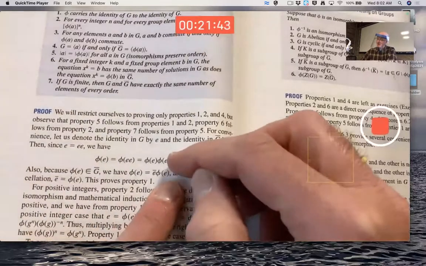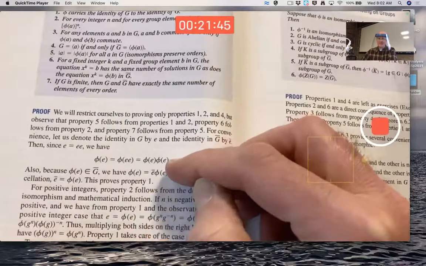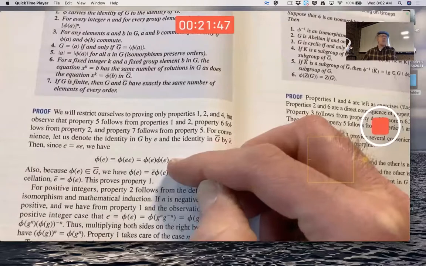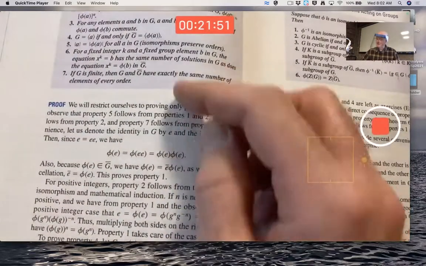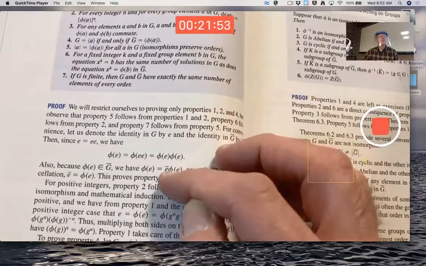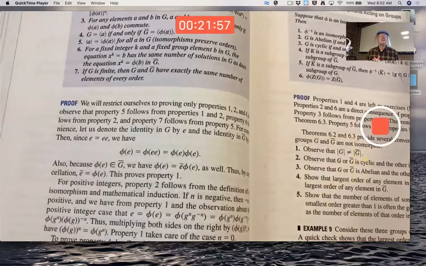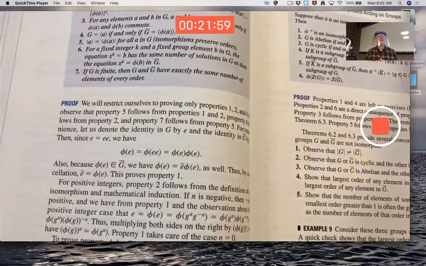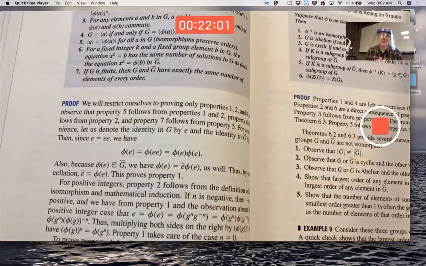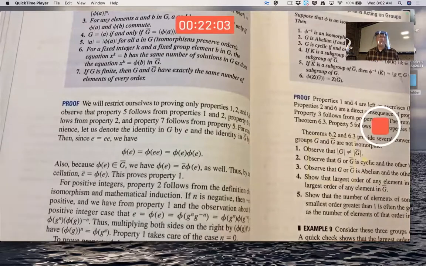And so then you get equality between these two things here and here, and you can do a right cancellation, say, of the phi of E's, and say that phi of E on the left there would equal E bar on the left there. And that would be kind of a slick proof of the fact that phi of E is E bar. Phi sends the identity of G to the identity of G bar when phi is an isomorphism.